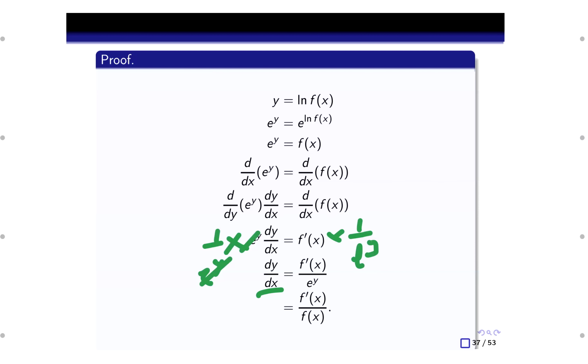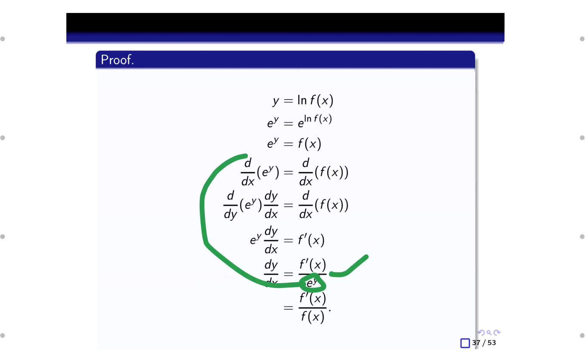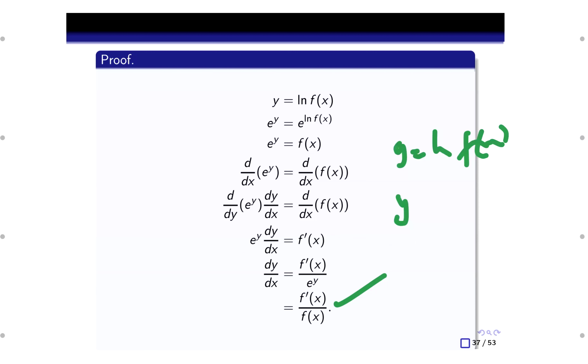And you remember that e raised to the power y is f of x. So that means dy/dx is simply f prime of x divided by f of x, which settles the proof that whenever you have y equals ln f of x, y prime or dy/dx is f prime of x all over f of x.